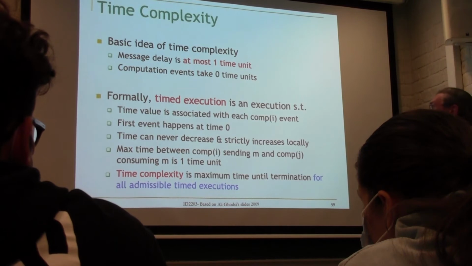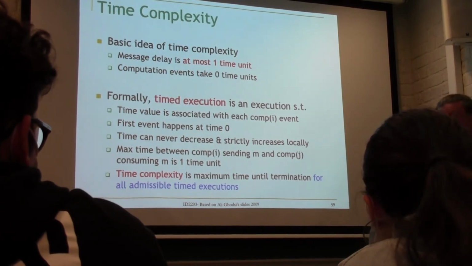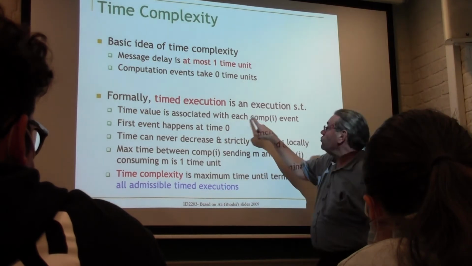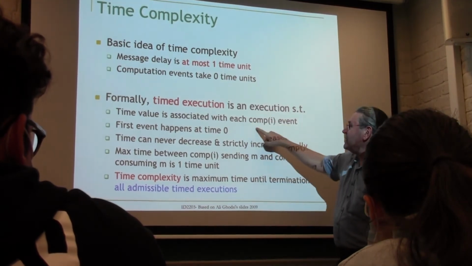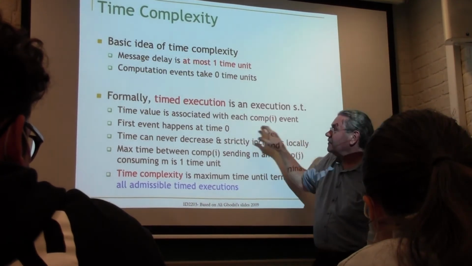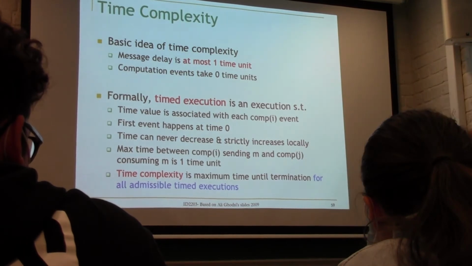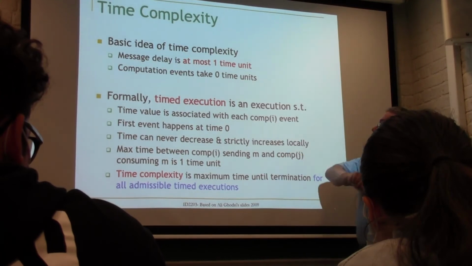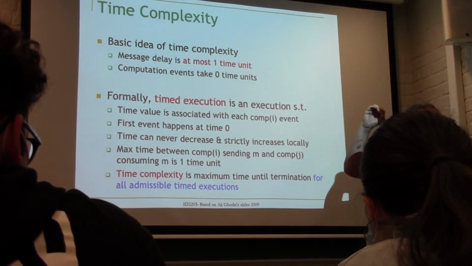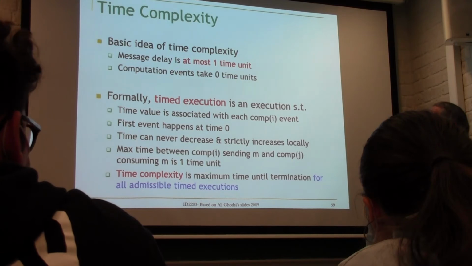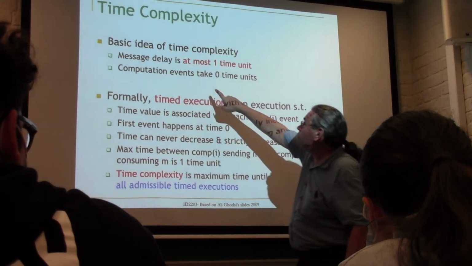The time complexity is how many units of time. So basically, we're going to look at the comp events. A comp event is a computation, but actually we're going to assume the comp events take 0 time, because in a real network, computation is usually very fast compared to the network. So the real time comes from the messages.